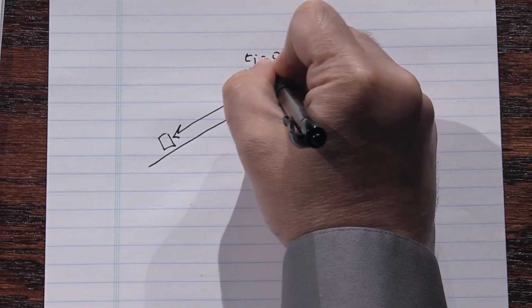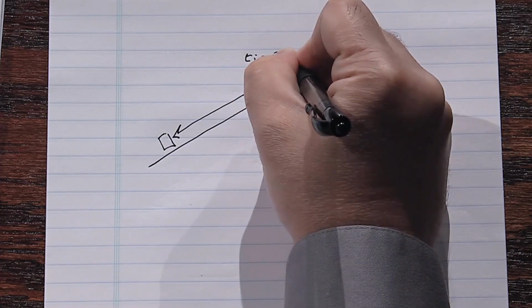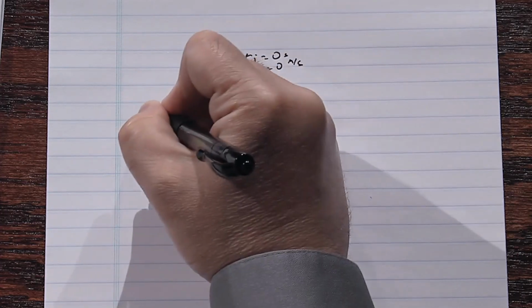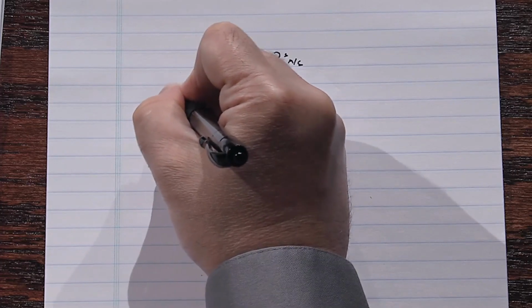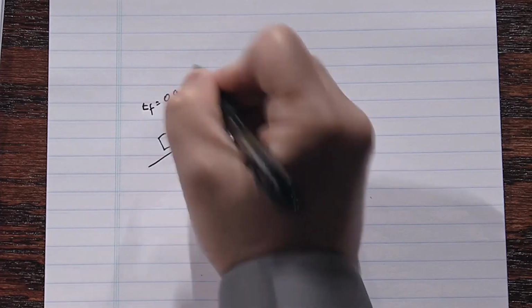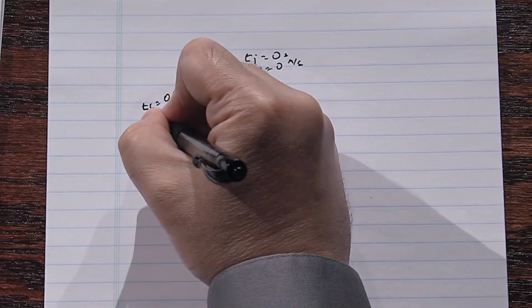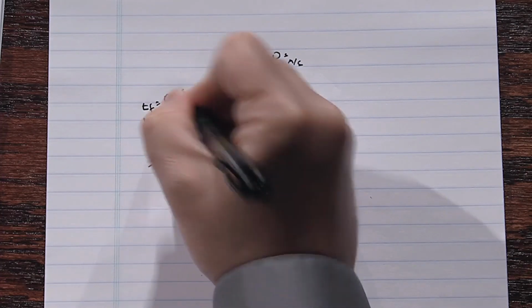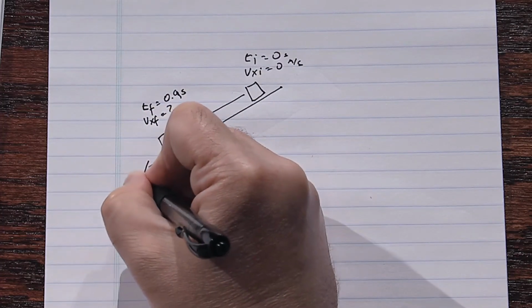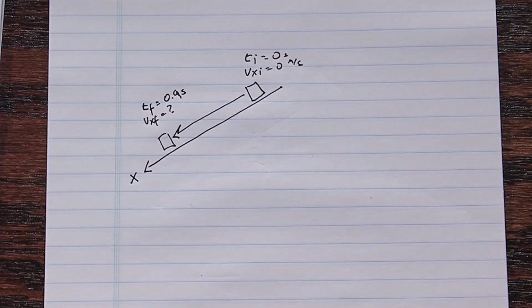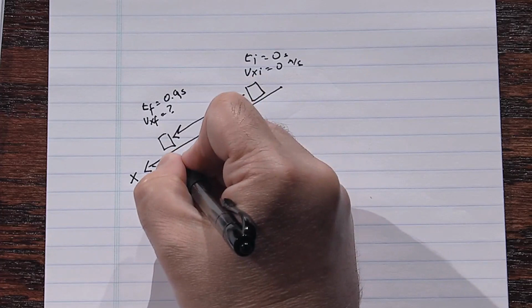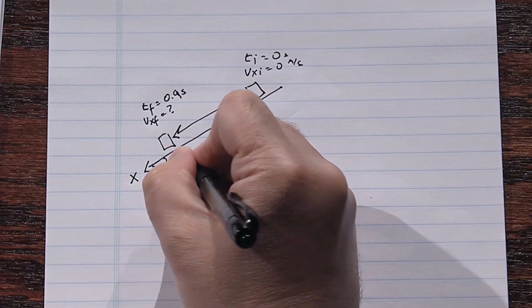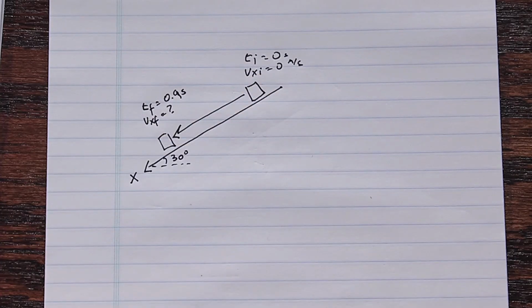Vx initial is equal to 0 meters per second. T final is 0.9 seconds. Vx final, we don't know, and just like last time, I'm going to make that my x-axis, the roof. We have 30 degrees right here.